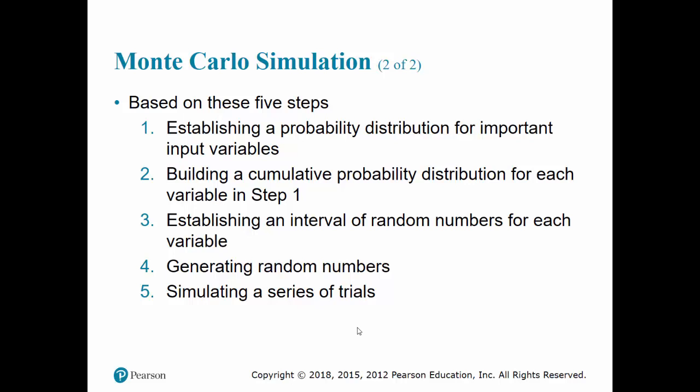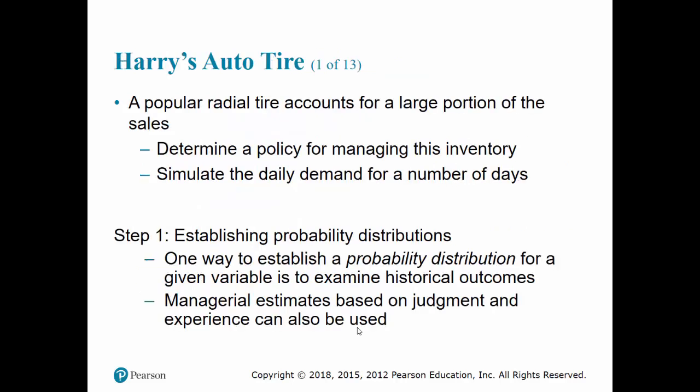So for that you build a cumulative probability distribution, and then establish random number ranges for each possible outcome, generate random numbers, and based on the random numbers we generate, you simulate a series of trials. Okay, so let's look at an example next.